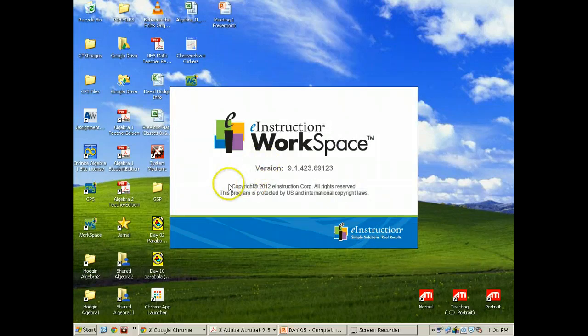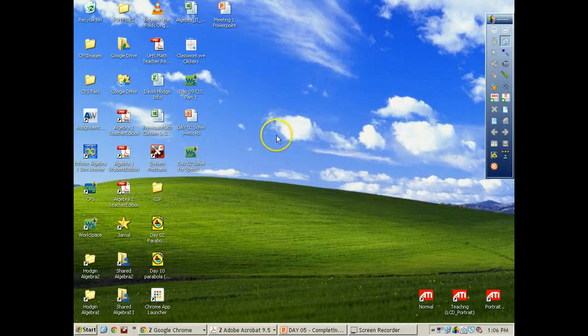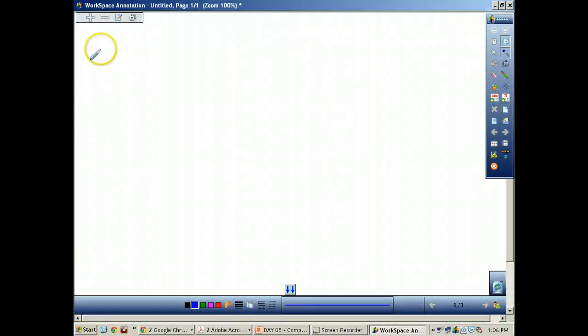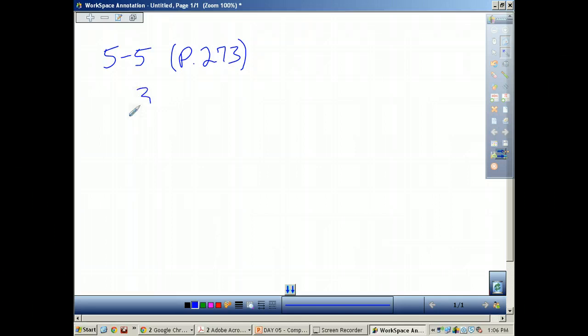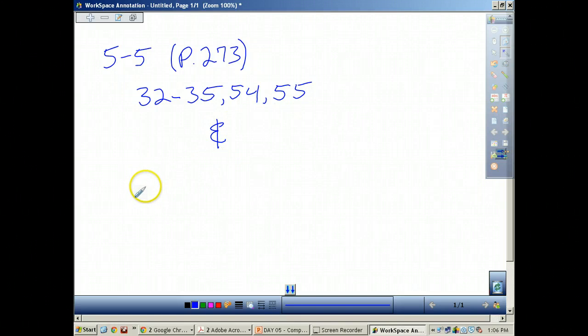We're going to do 5-5, page 273. So we're going to be doing 32 to 35, and then also 54 and 55. In addition to that, this is only like 6 problems.